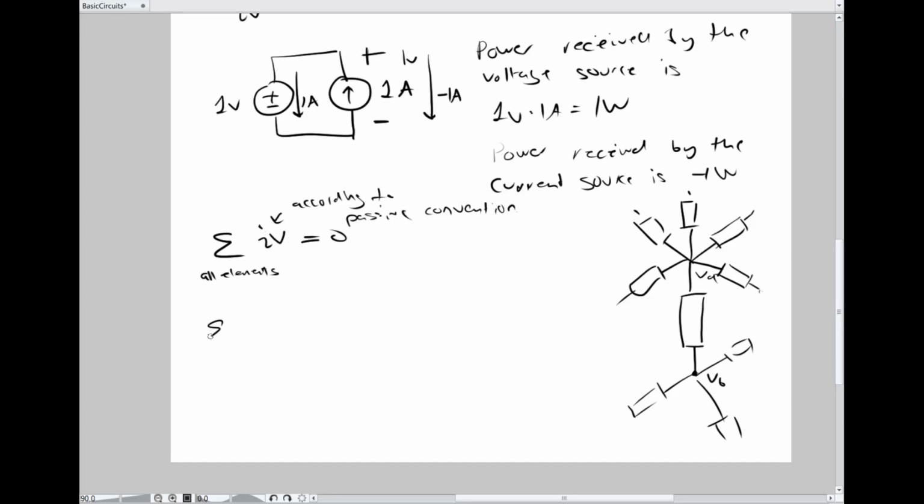That is the sum for all elements of the current from 1 to 2, which is a local 1 and 2, so it's 1 and 2 just for that element, multiplied by the node voltage V1 minus the node voltage V2, again, local to the element. So there's a different V1 and different V2 for each element, right? And I'm going to assume this is equal to something. I don't know yet because I haven't done the proof.